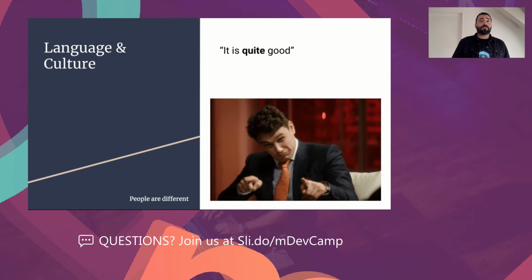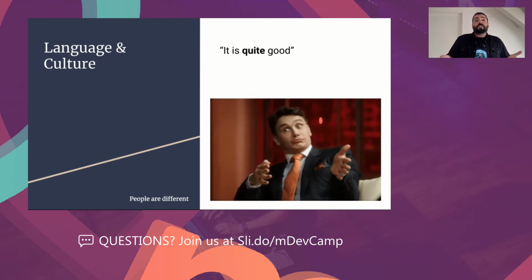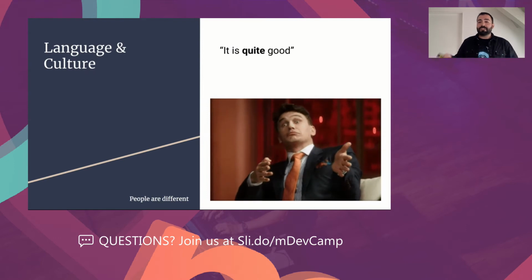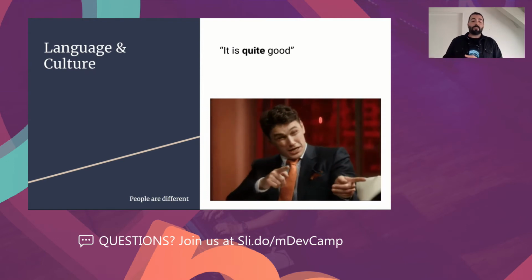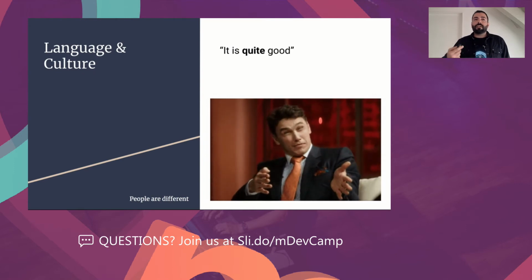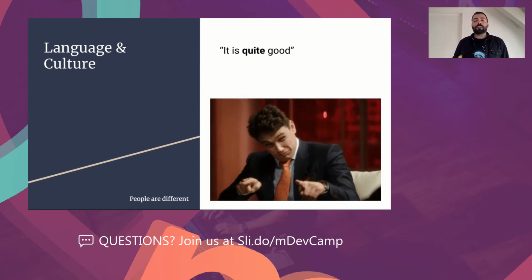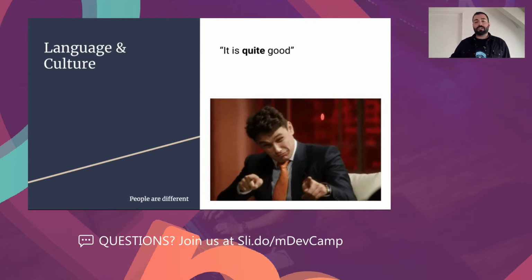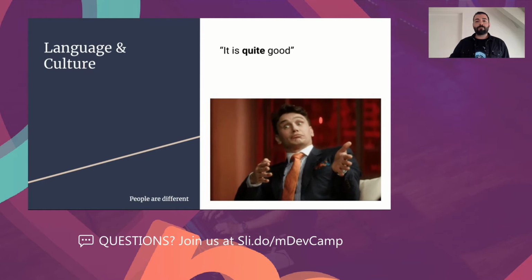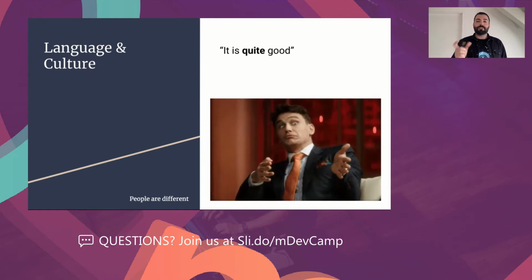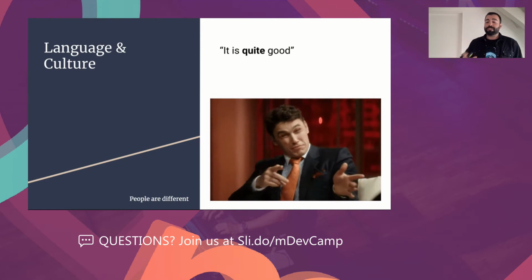Because in this context, it is quite good could mean that the person is satisfied or not, but the person who is going to take the decision might have the complete opposite impression, right? So it is important to communicate clearly. If you say it is quite good, but let's evaluate the other alternatives, versus it is quite good, let's just buy it, it is different, even though they both start with the same sentence.